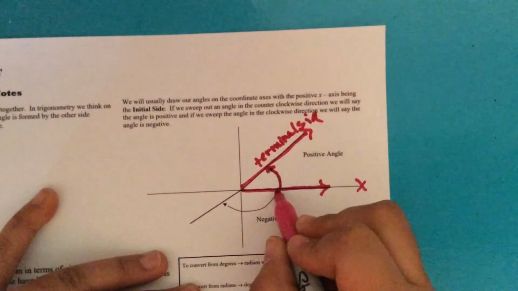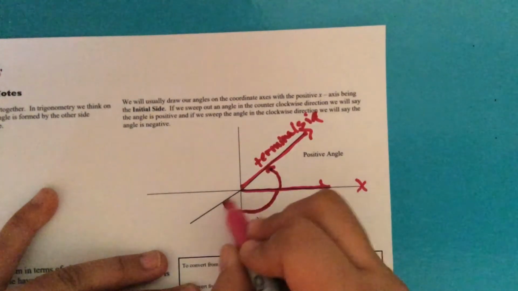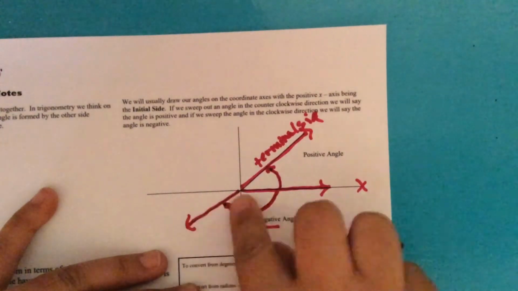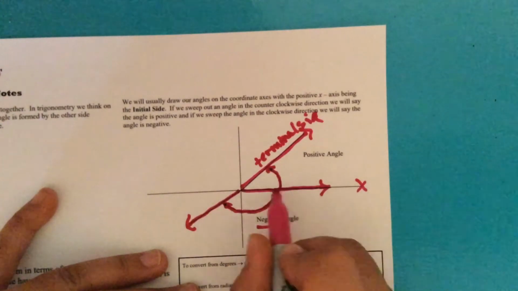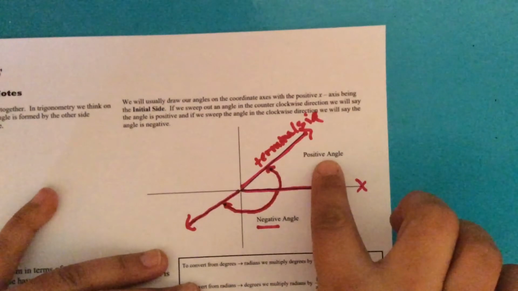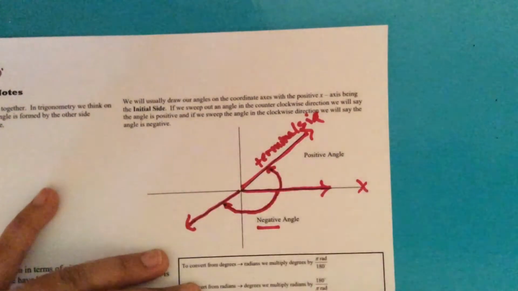And then if we rotate it clockwise, then it's going to be a negative angle. And again, this is still your terminal side right here. So you always start on the positive x-axis, and we always think about positive angles going counterclockwise, negative angles going clockwise.